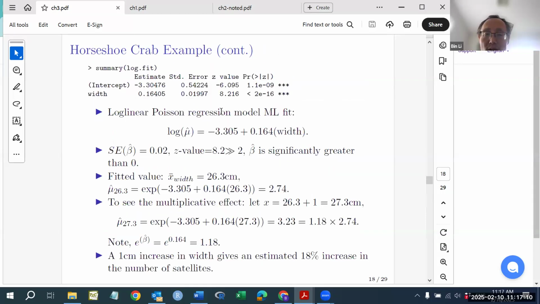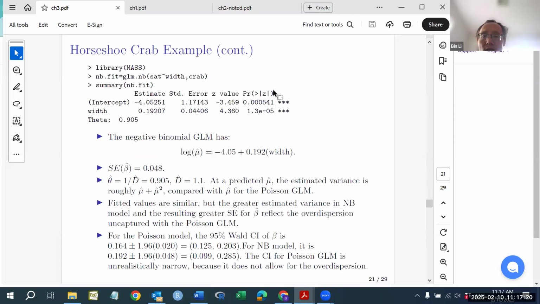But what about this one? 0.0199. So which one is smaller? This one is smaller. This is about 0.02, right? So for the Poisson model, it's 0.02 for the standard error. But for the negative binomial, it's 0.04.